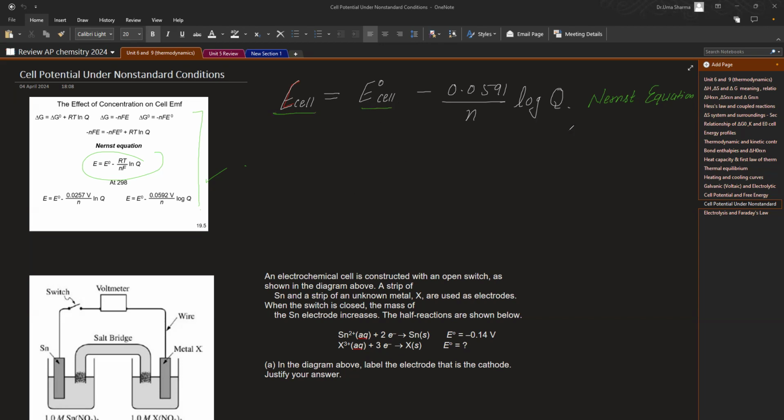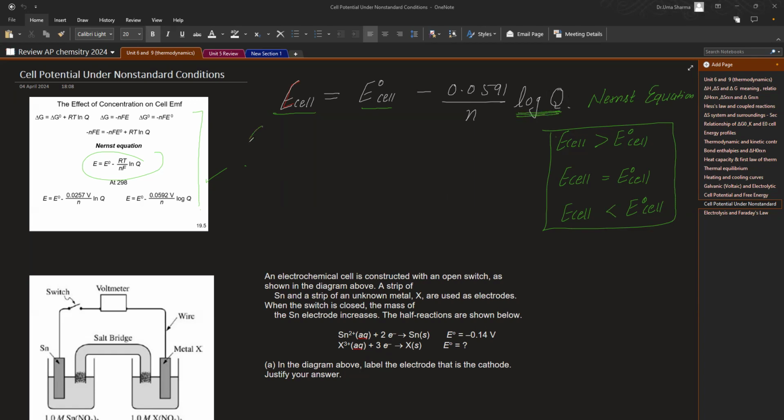So you will have questions like this: E cell greater than E naught cell, E cell equal to E naught cell, E cell is less than E naught cell. So these questions will be there. Predict.